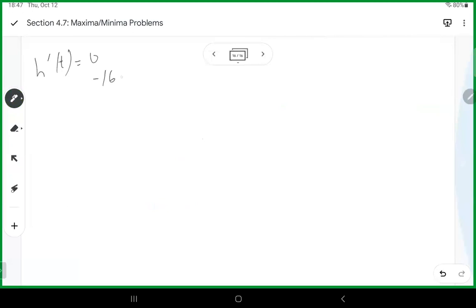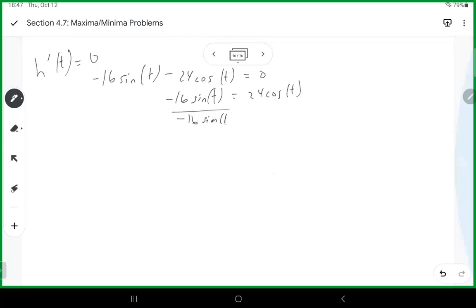So we would have negative 16 sine t minus 24 cosine t equal to 0. That gives you the tangent of t equal to negative 3/2.